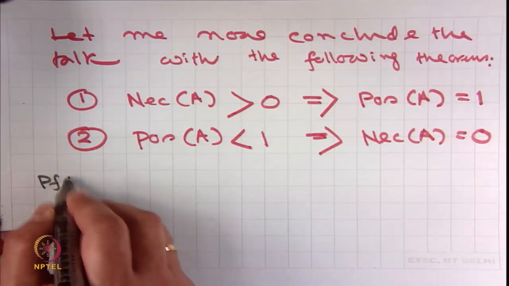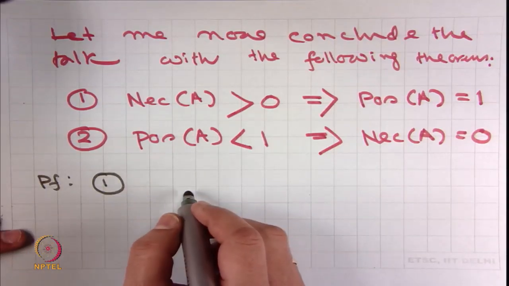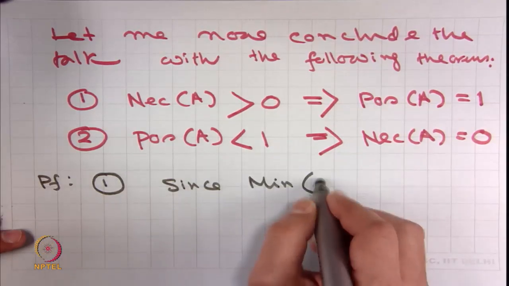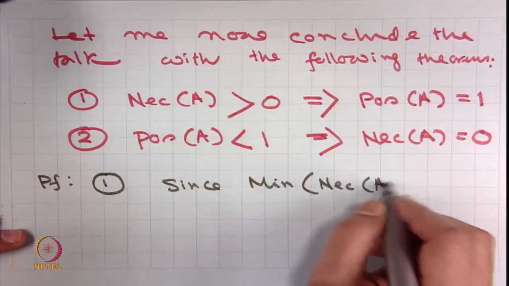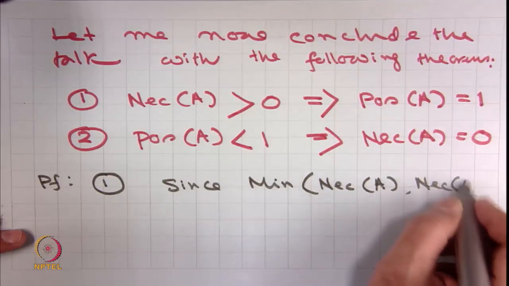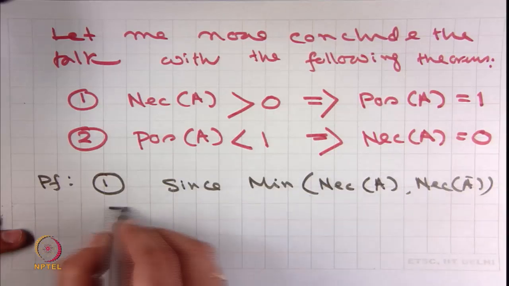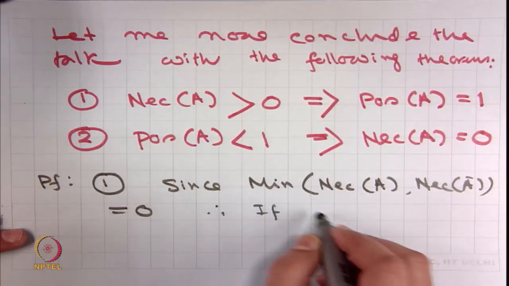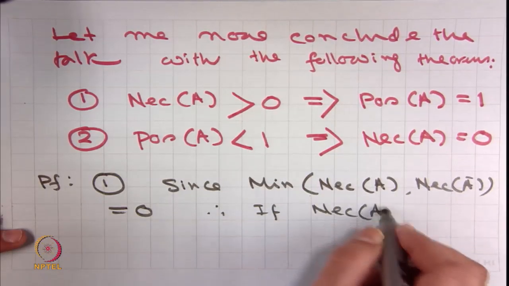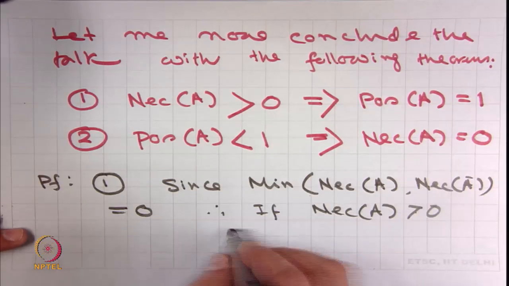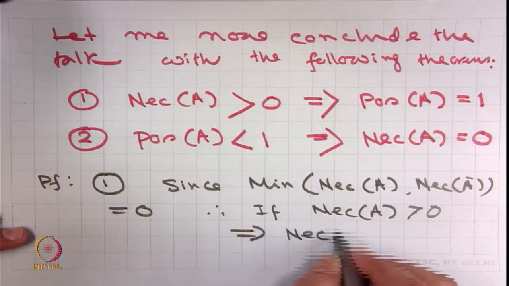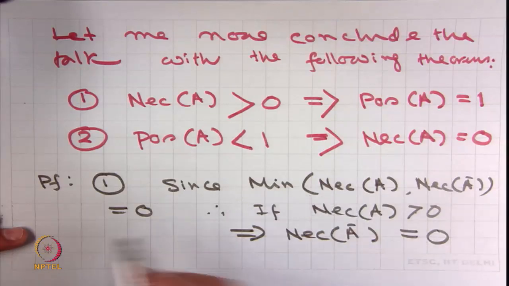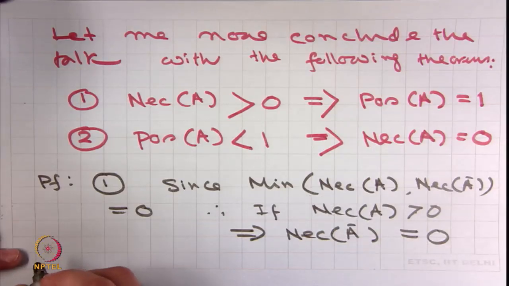Proof 1. Since minimum of necessity of A and necessity of A complement is equal to 0, therefore, if necessity of A is greater than 0, it implies necessity of A complement is equal to 0, since the minimum of them has to be 0.